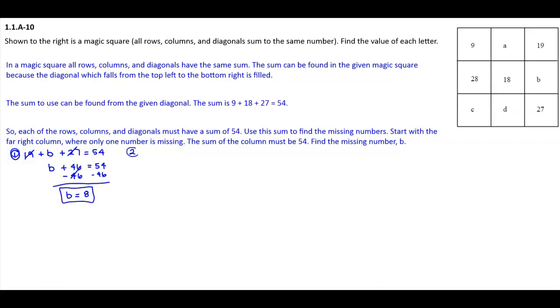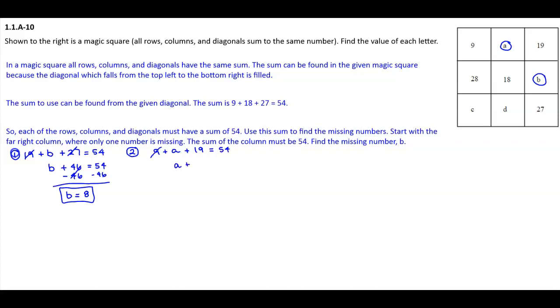Okay, next. Now we found B, and now we can find A using the row, because we have two numbers in the row. So we know that we have 9 plus A plus 19, which is equal to 54.